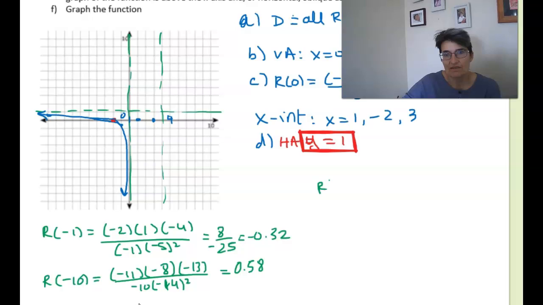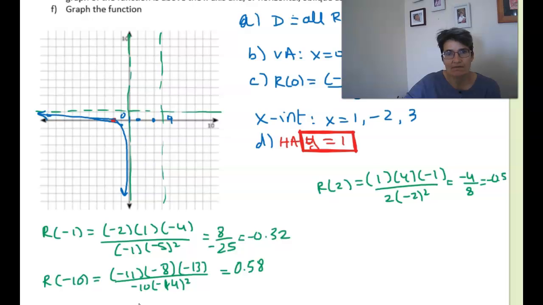So r at 2 is 1 times 4 times -1 divided by 2 times -2 squared. So -4 over 8, so -0.5. Right. So at 2 it is -0.5, which means the function is going to go like this.